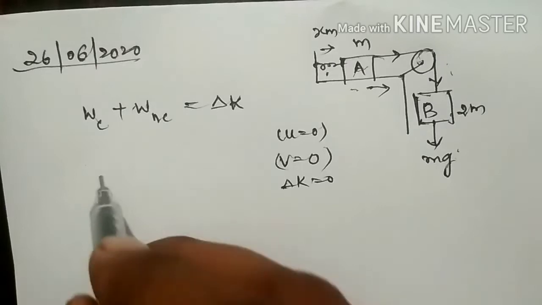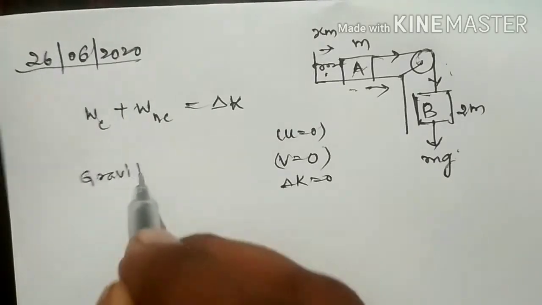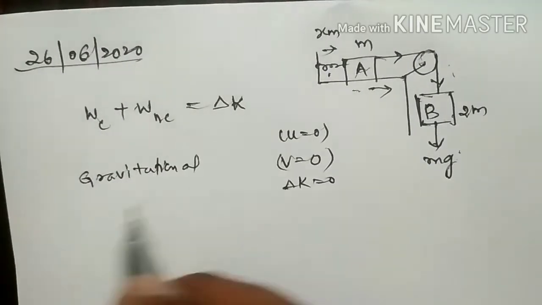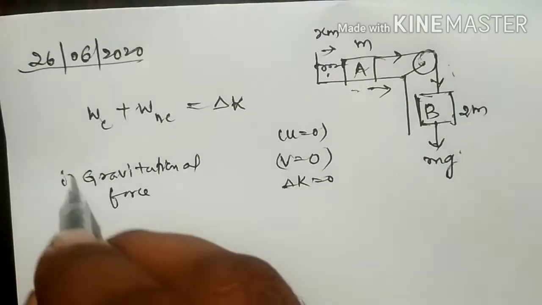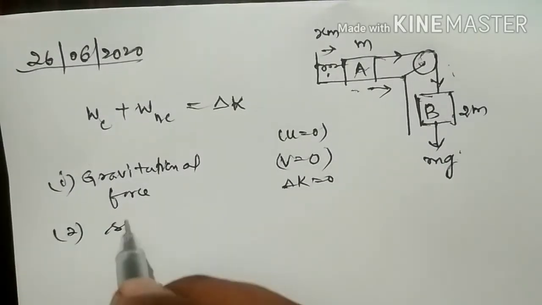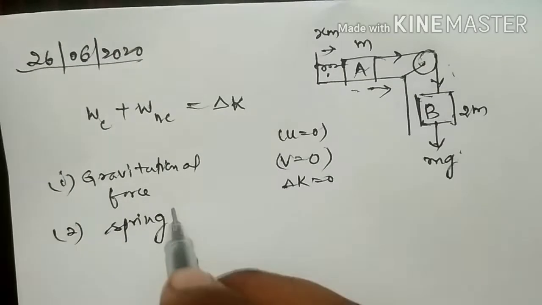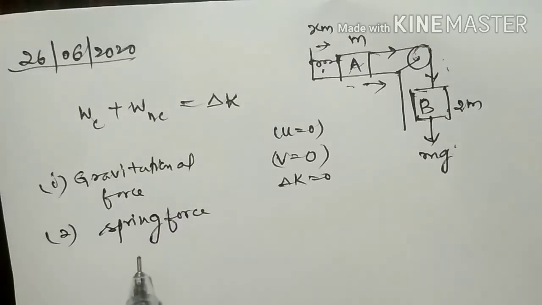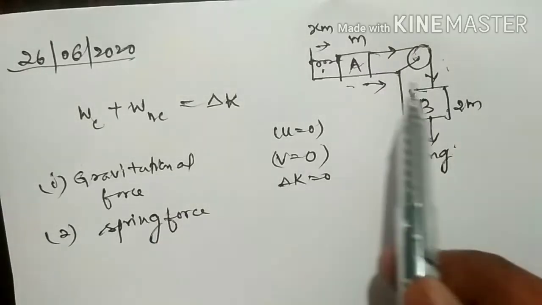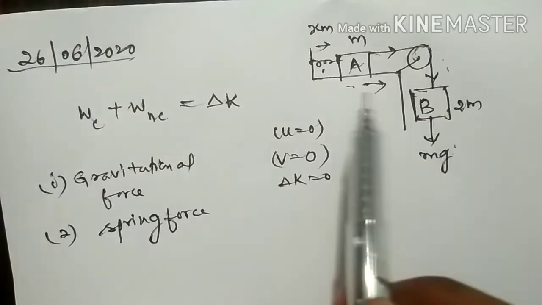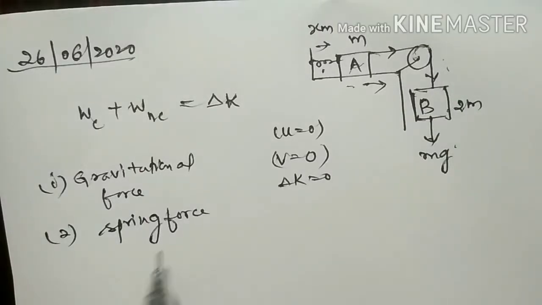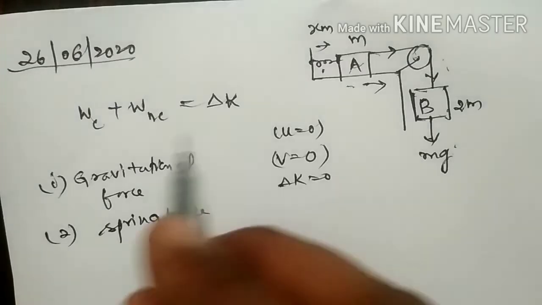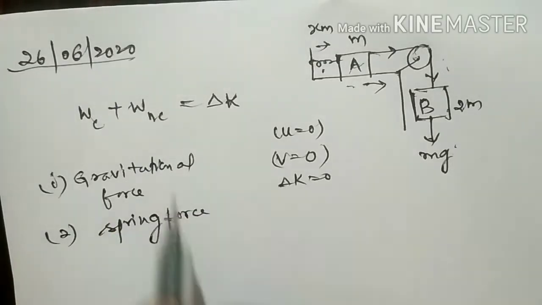The first one is the gravitational force, and the second one is the spring force. The tension is also there, but we will take it as an internal force, so here we don't consider that one. Spring force and gravitational force. Then we can consider there is no non-conservative force.